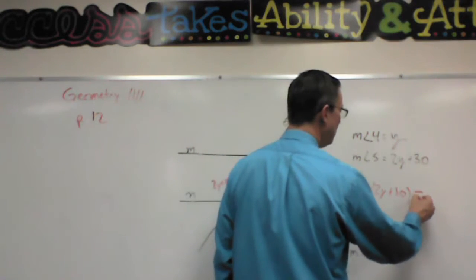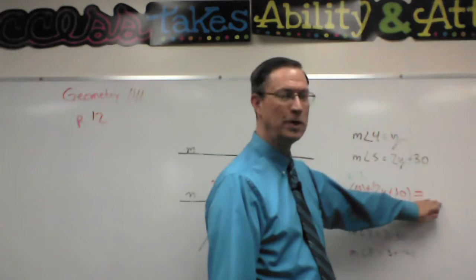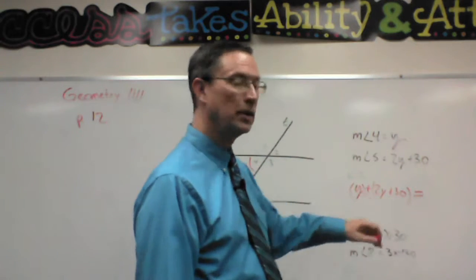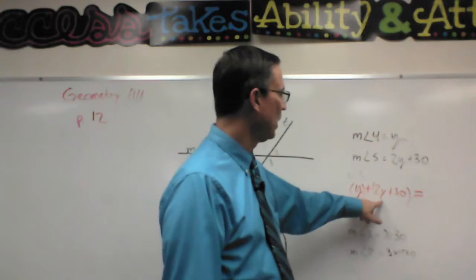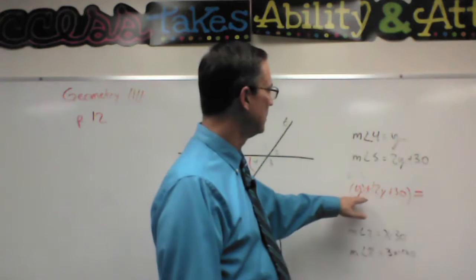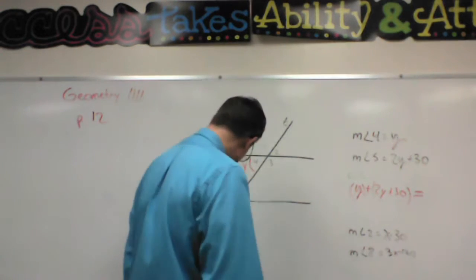And you know what? I'm not going to go any further than that. I think you know what number you need to put in here to finish this equation. And then it's just a little algebra that you have to do. Remember, you combine the two like terms here, subtract the 30 from both sides, and then it looks like you're going to divide by 3, and you'll have an answer. All right, so that one's pretty easy.